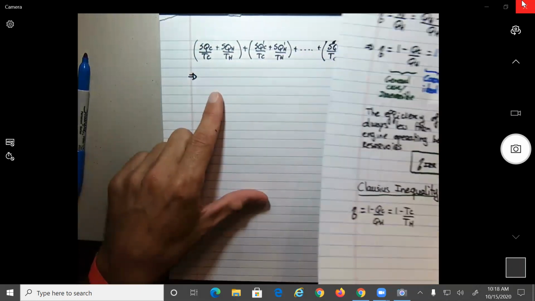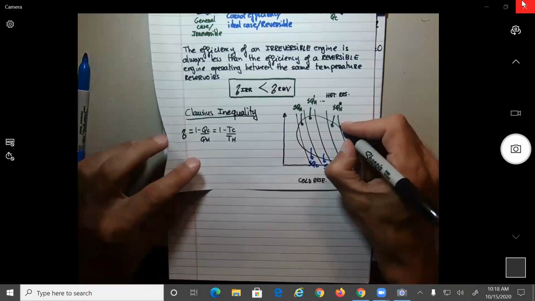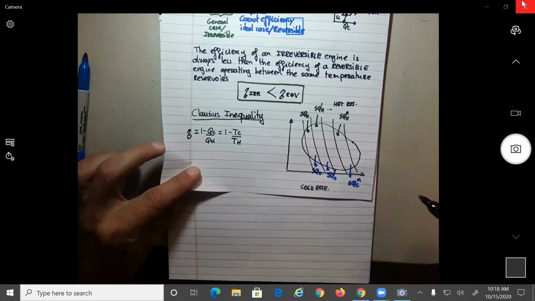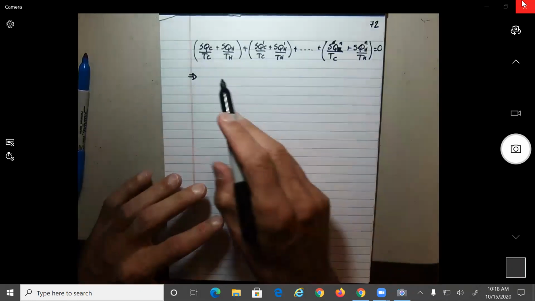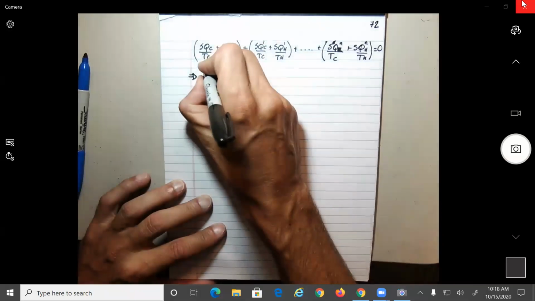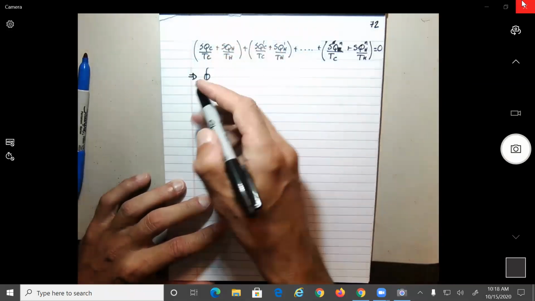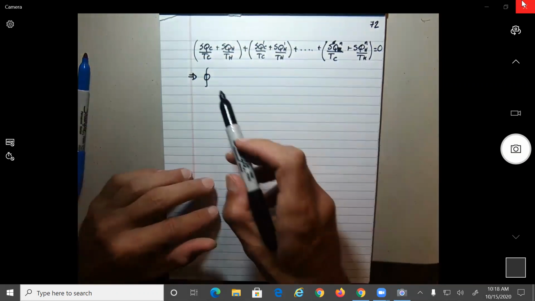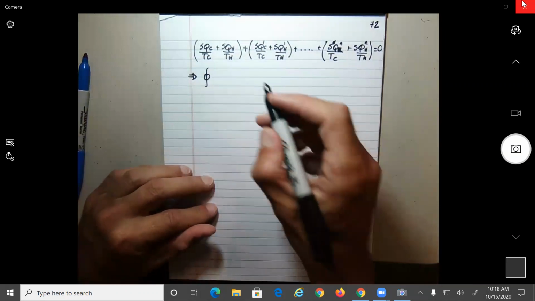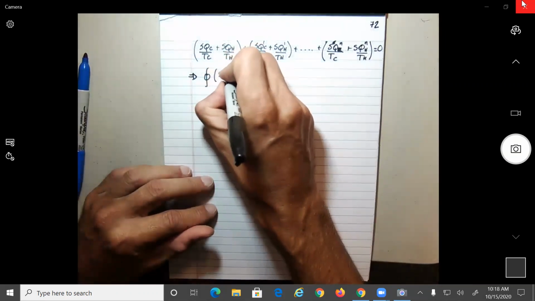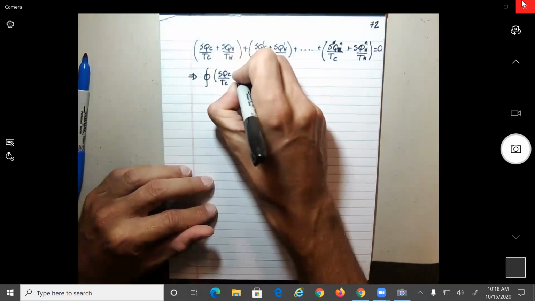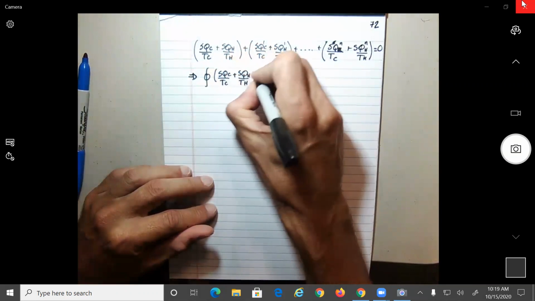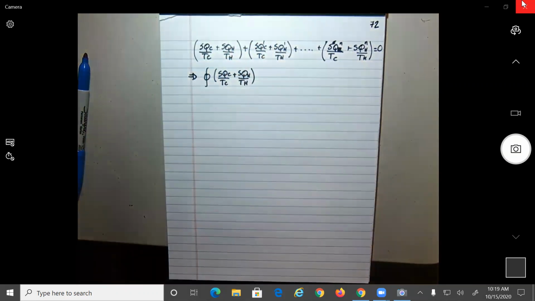So when you do the summation of each one of these cycles around this circle, I can just rewrite the summation of all of them as the integral. You know that the integral sign is the same thing as saying summation, no? Around the contour, around the cycle, of delta Q sub C over T cold plus delta Q sub H over T hot.